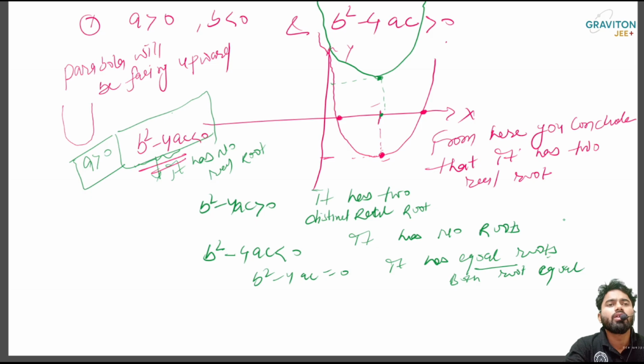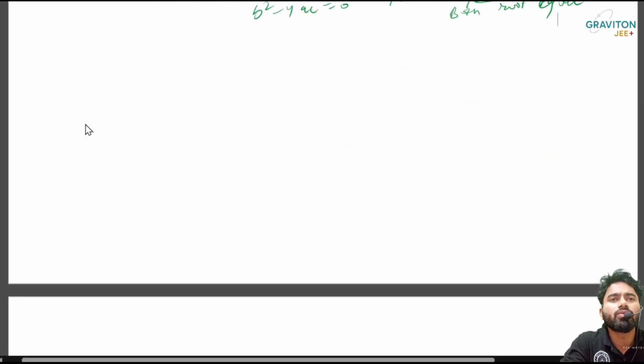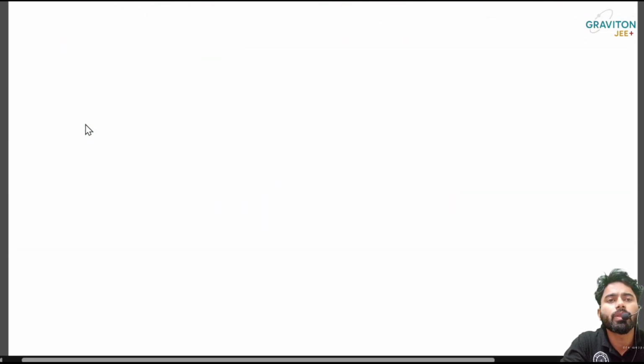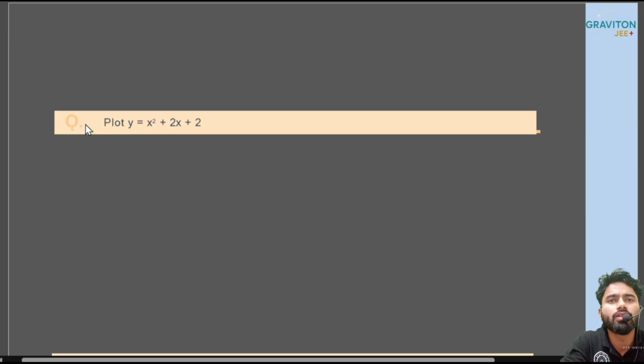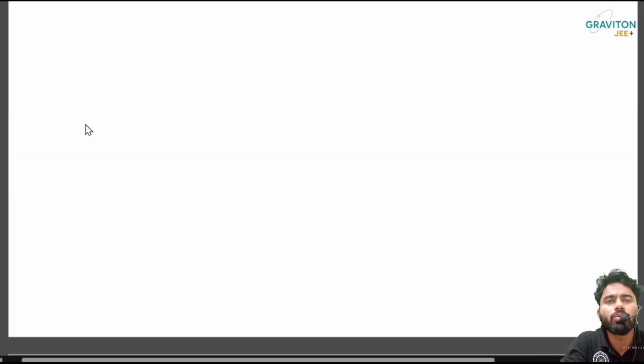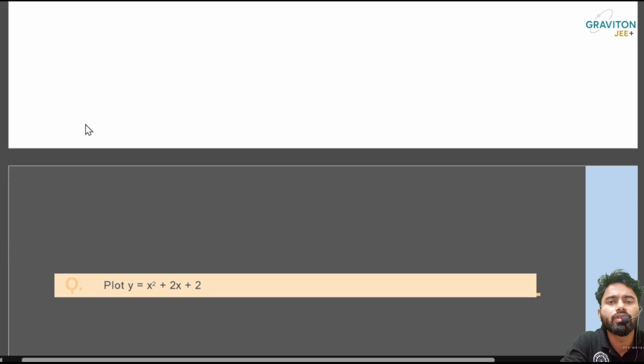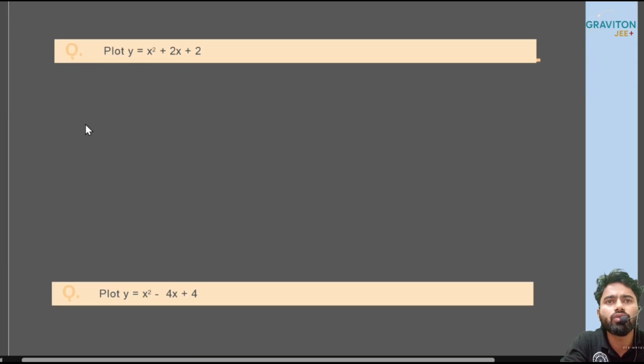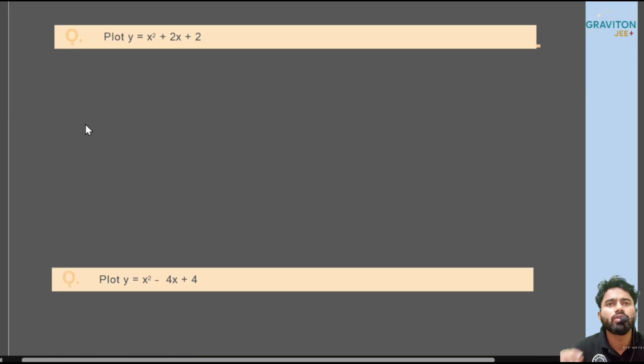Okay. So now I will discuss with you some problems. Like if you want to plot the graph of y equal to x square plus 2x plus 2.